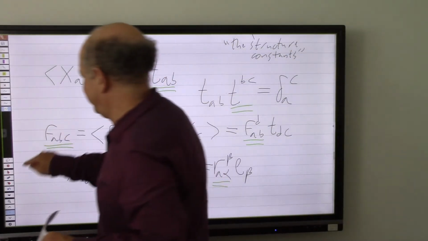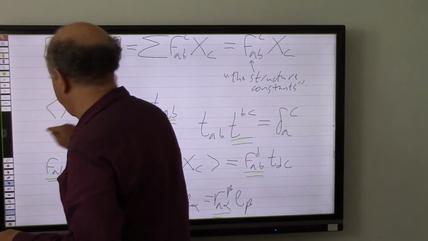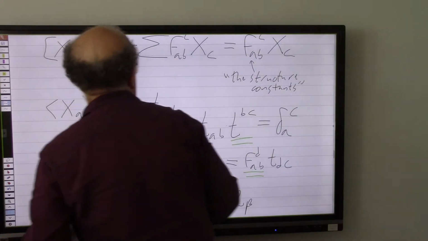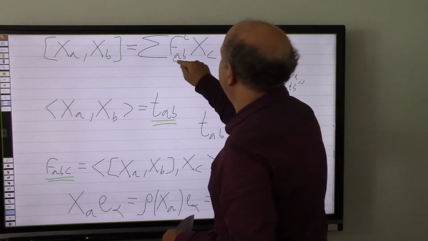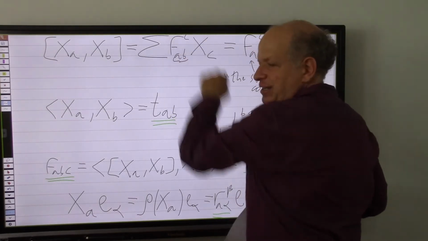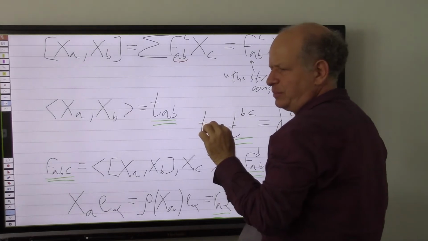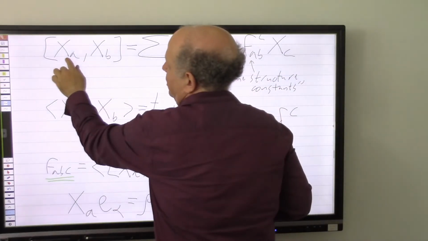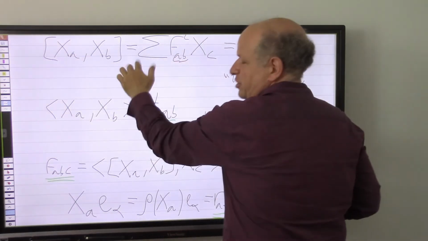And maybe I'll say one more word before assembling this together. The F_AB^C symbol is antisymmetric because the bracket was antisymmetric. If you flip A and B, then you get a negative sign.